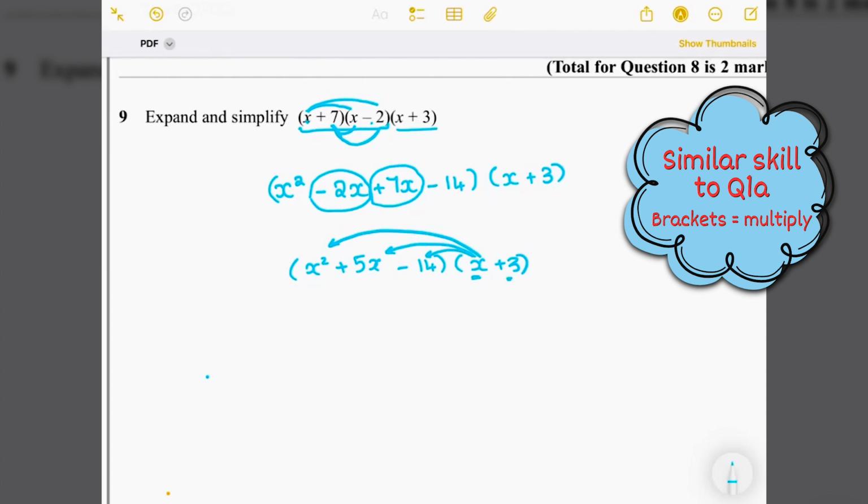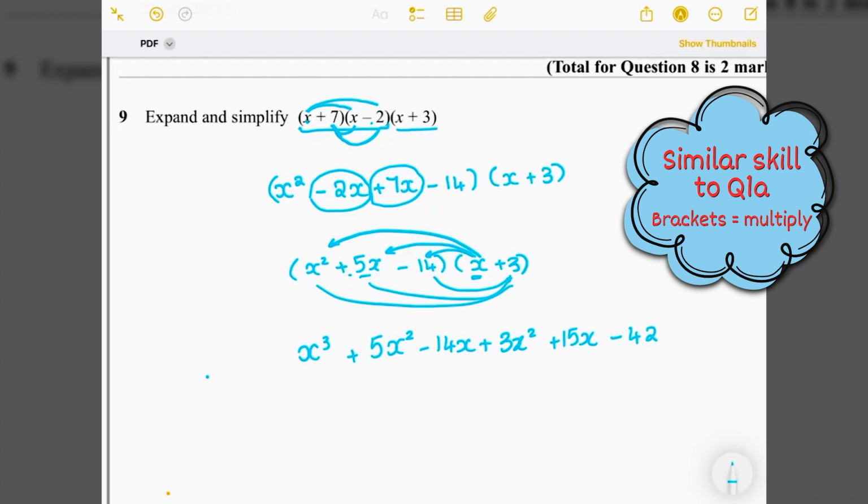So x times x squared is x cubed. x times 5x is 5x squared. x times -14 is -14x. So x squared times 3 is 3x squared, and they're both positive. 5x times 3 is 15x, so plus 15x, and -42.